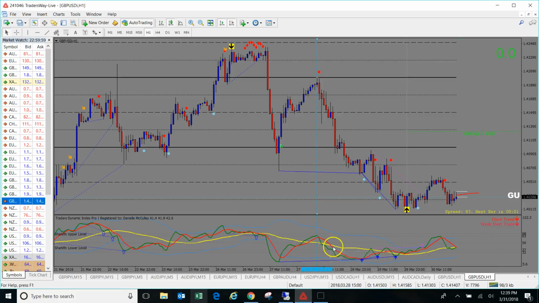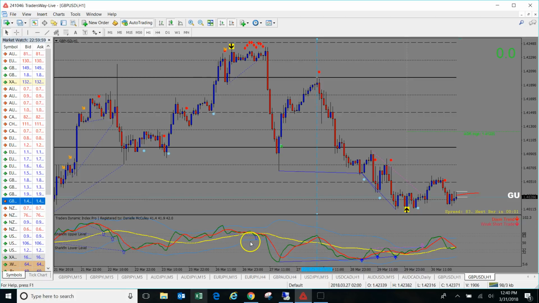And then this market baseline plays an important role too. The market baseline is going to let you know whether you can do a more long-term or short-term trade. I mean, there's a lot of different things to look for with the TDI.